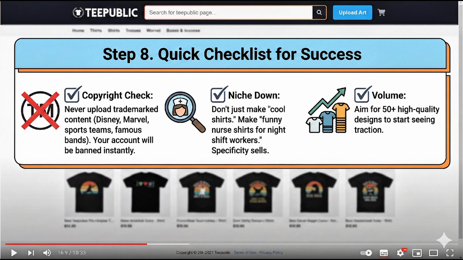Second, niche down. Don't just make generic cool shirts. You want to make specific stuff like funny nurse shirts for night shift workers. Remember, specificity sells. And finally, volume. Aim for at least 50 high-quality designs to really start seeing traction.